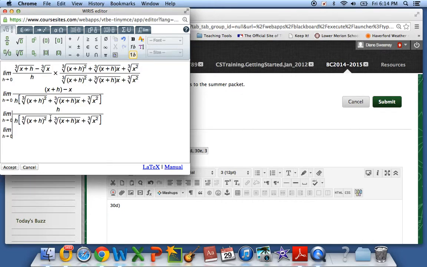But we're just going to have a 1 in the numerator. So I'm going to have a fraction, and we're just going to have 1 over this thing.